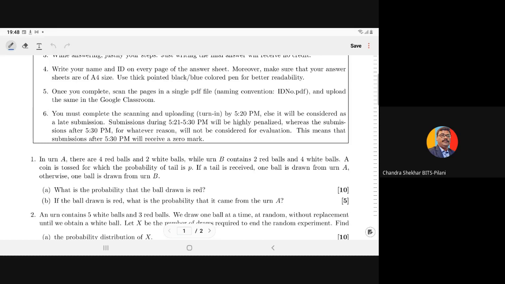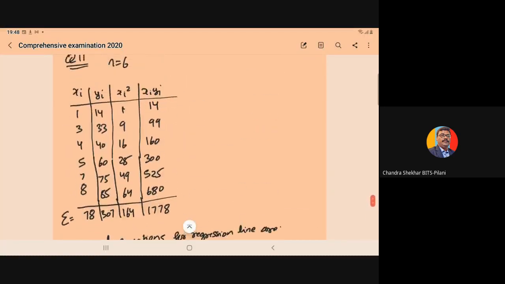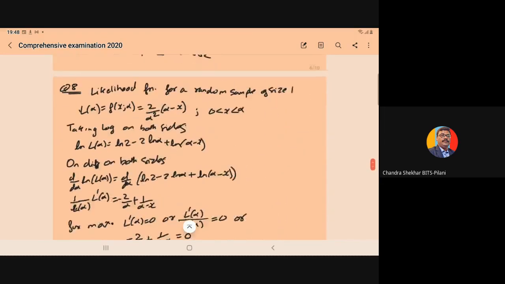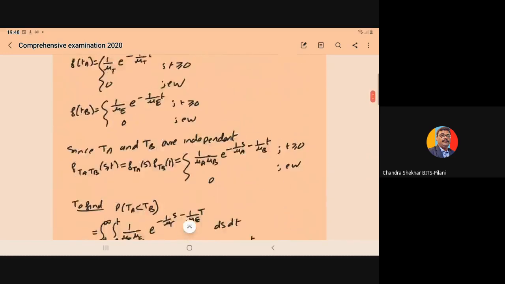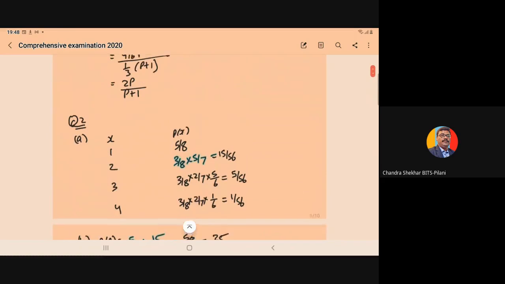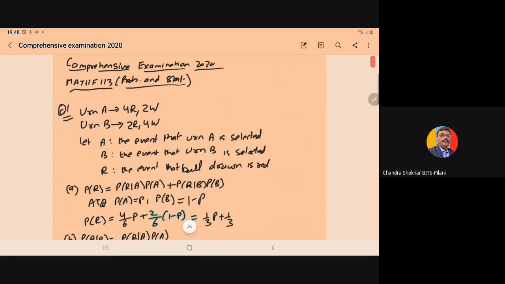So this question belongs to basic probability theory. So let us have a solution. According to the question, there are two urns, A and B, having four red and two white, and two red and four white balls respectively.